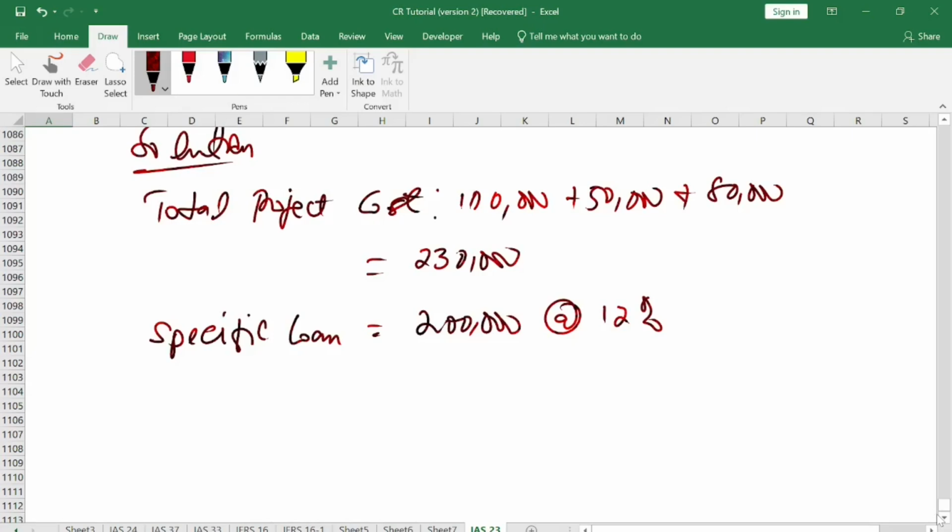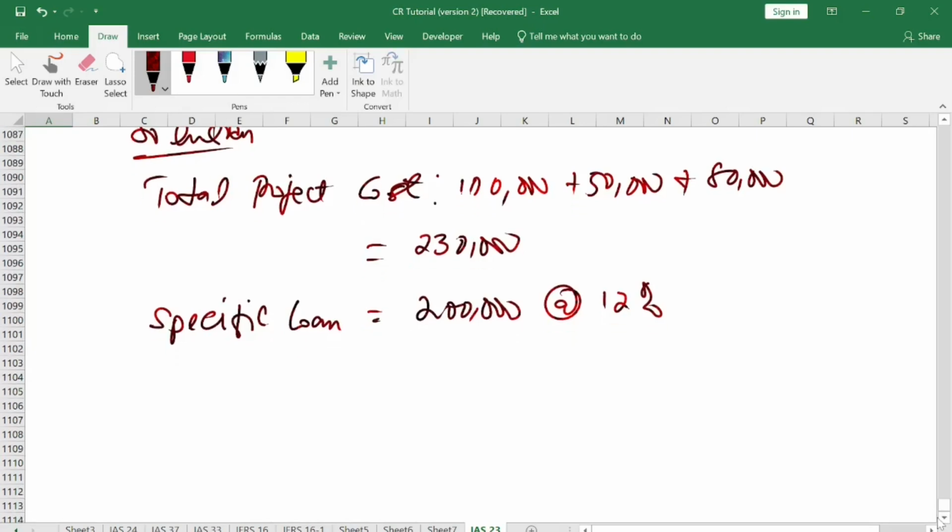So clearly, if the total project cost is 230,000 and they've taken 200,000 specific loan to start the project, the specific loan will not complete the project. So you will have some left. The question says that if you spend the specific loan of 200,000 on the project and it does not complete it, the balance should be taken from the general pool of funds. You can read it here.